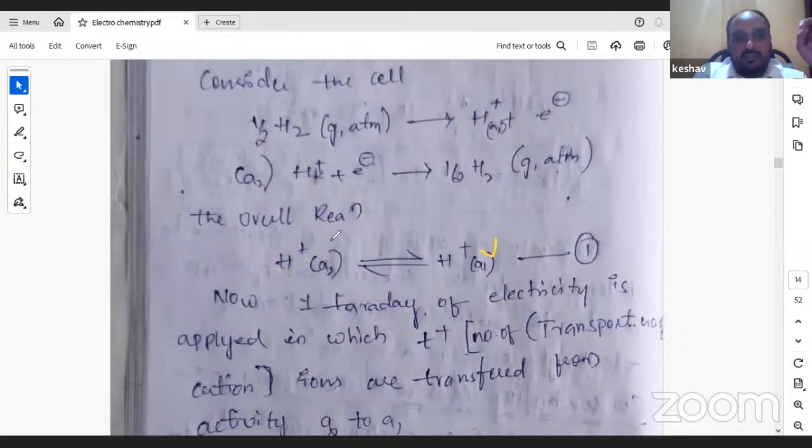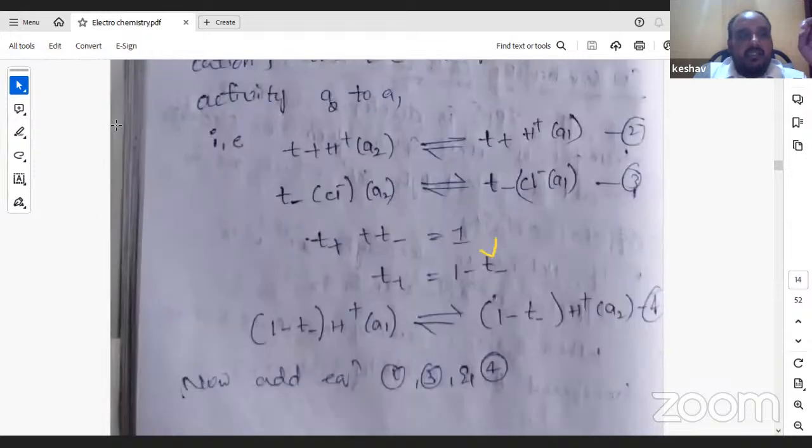So therefore, in this equation, H+ of A2 is in equilibrium with H+ of A1, it will be considered like this, right? T+ number of H+ of A2 to T+ number of H+ of A1. Initially, H+ ions are transferred from A2 to A1.